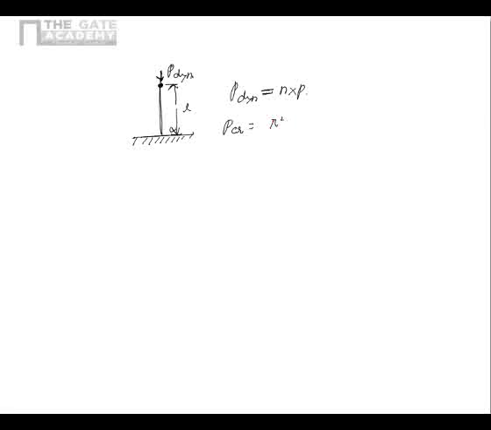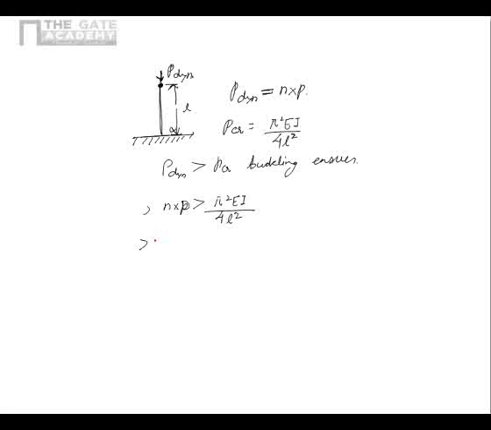It is pi square EI upon L square, but in this case L effective is 2L, so it is 4L square. When P dynamic exceeds P critical, buckling ensues. So when N into P is greater than pi square EI upon 4L square, then buckling will happen.